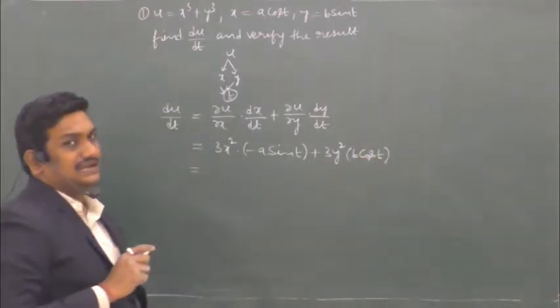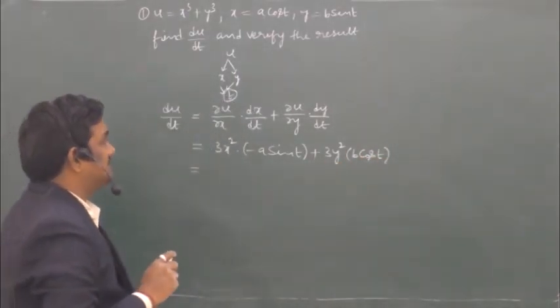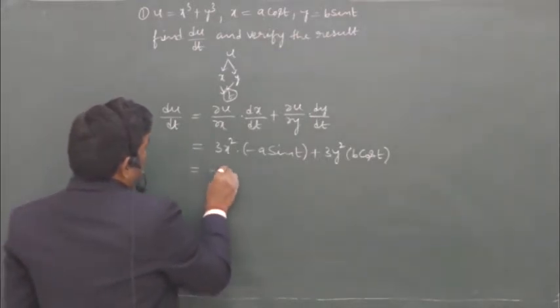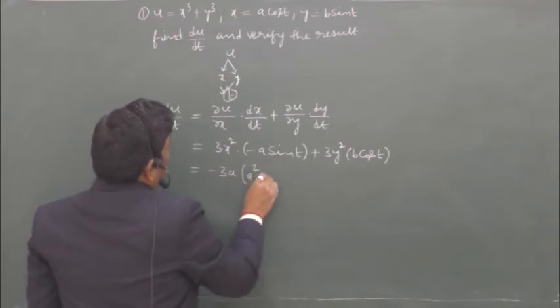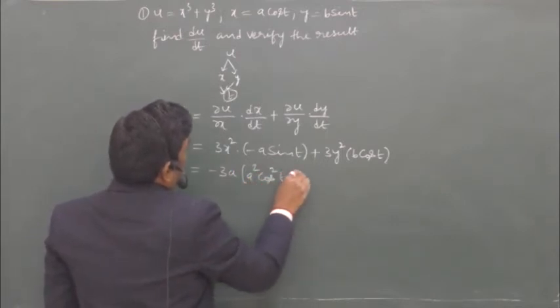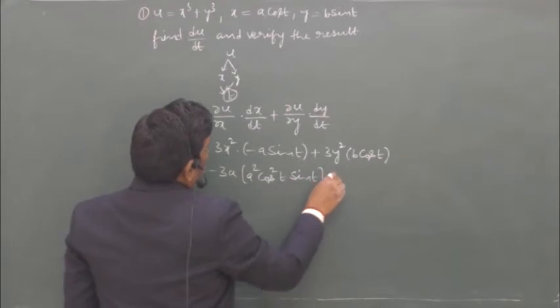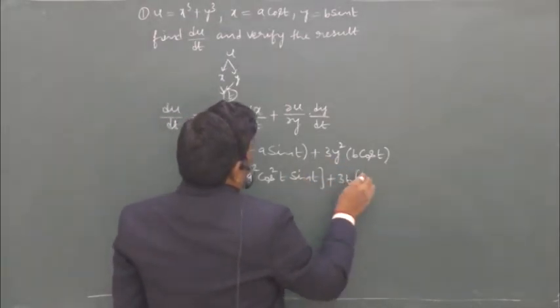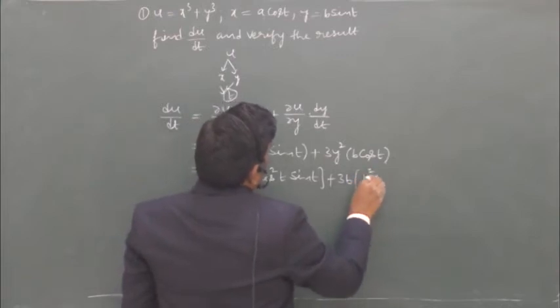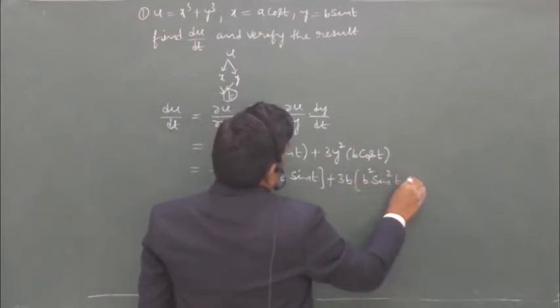Now you can write x equals a cos t and y equals b sin t. It is minus 3a into a square cos square t into sin t, plus 3b into y square, which is b square sin square t into cos t.